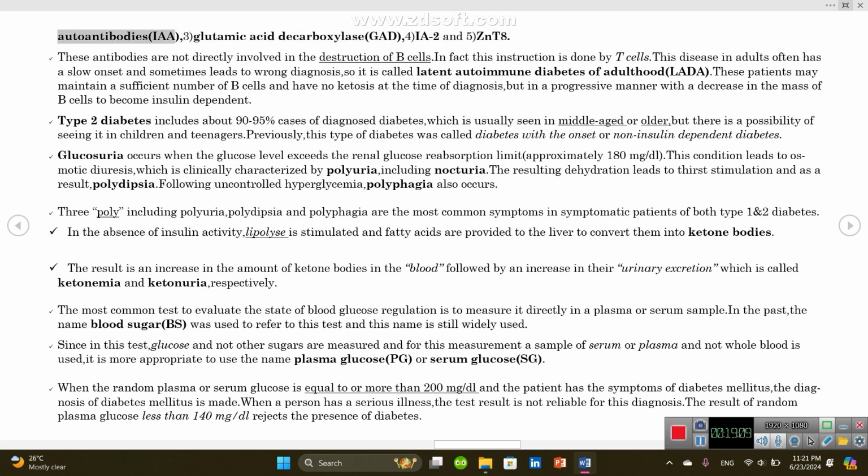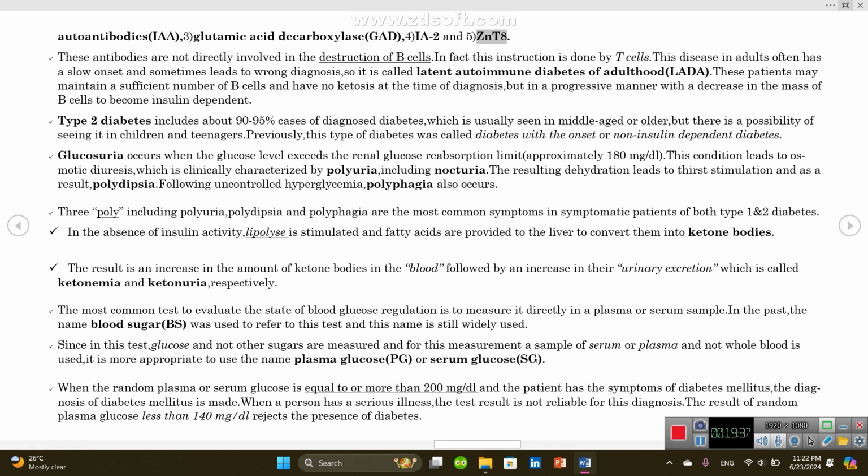The third group is glutamic acid decarboxylase, GAD. The fourth group is IA2, and the fifth group is ZNT8. These are the antibodies we can look for to find out if a patient has diabetes type 1 or doesn't.